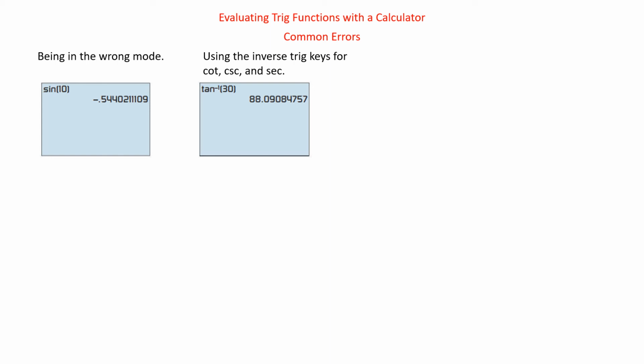That inverse is not the same as a reciprocal. This would be saying the inverse tangent of 30. So we had a ratio of 30, and that's going to give us an 88.090, etc., degree angle. So we go from the ratio back to the angle. We'll be working on this in a couple days.